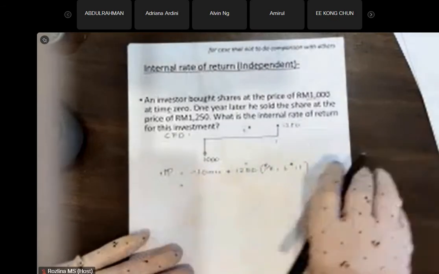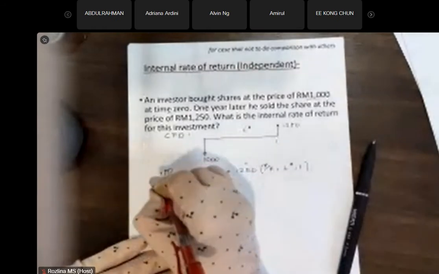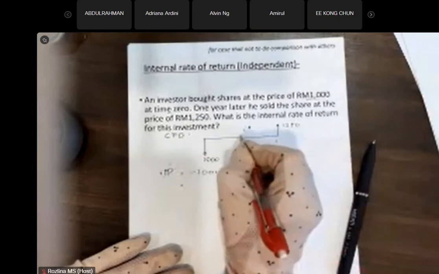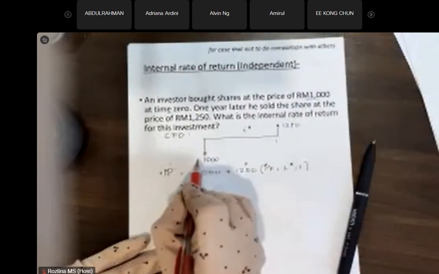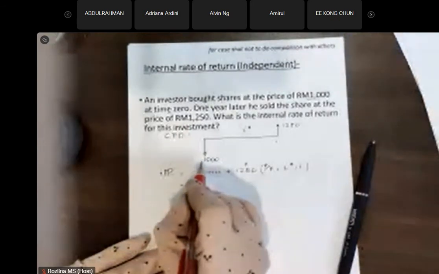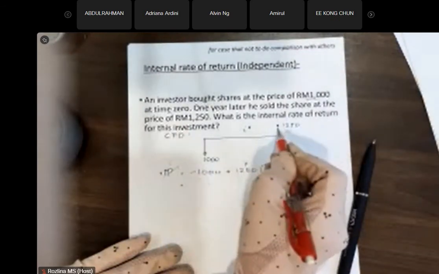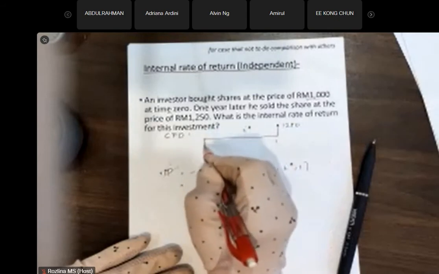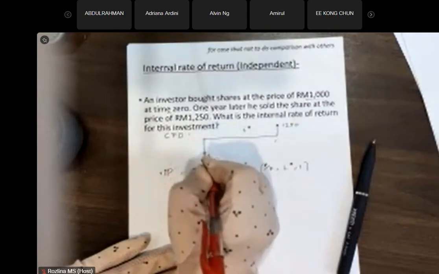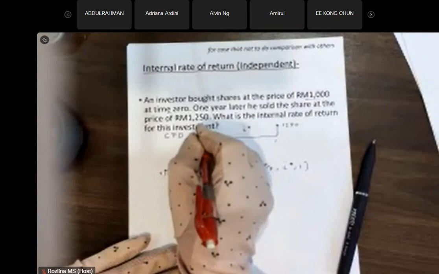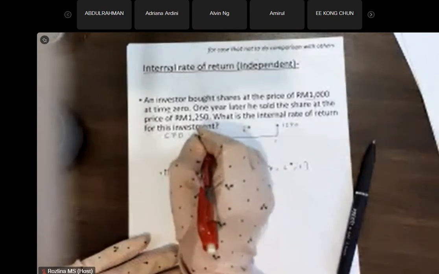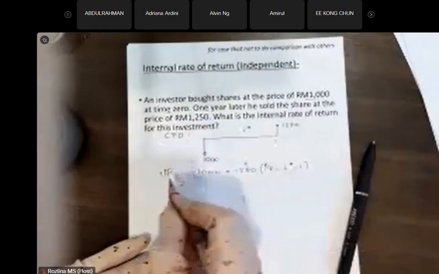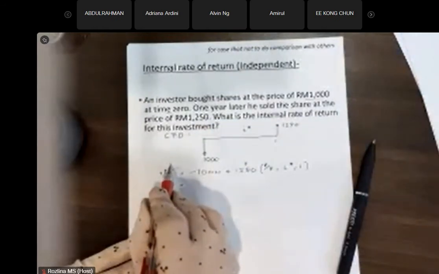You assume that this P is 0 because you want to calculate what the I is. The P that you pay and the P that you gain is equal to 0. Meaning this and this are the same. The P that you invest is equal to the P that you gain. So this total P is 0.